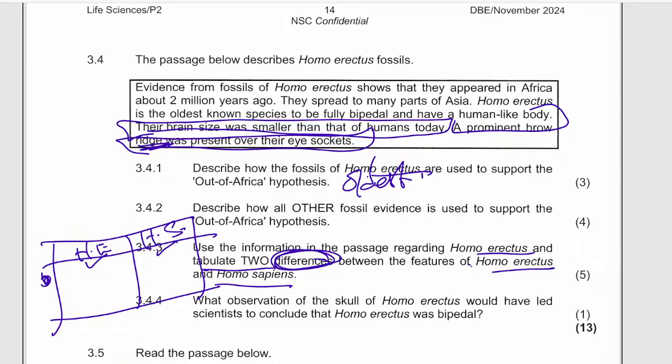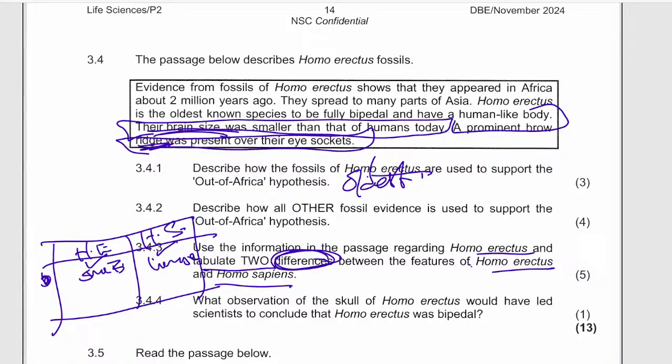You understand? Then you talk about the brain size, smaller brain size. Then you talk about Homo sapiens, larger brain size.